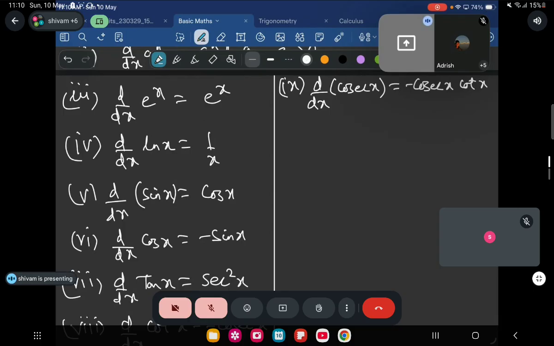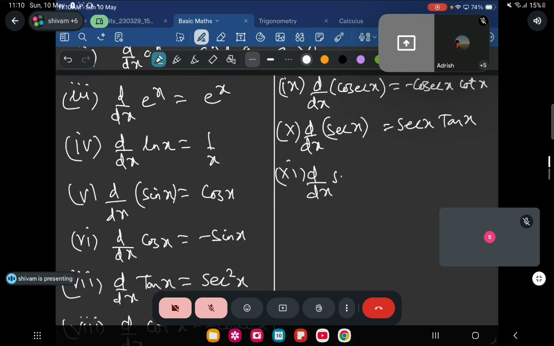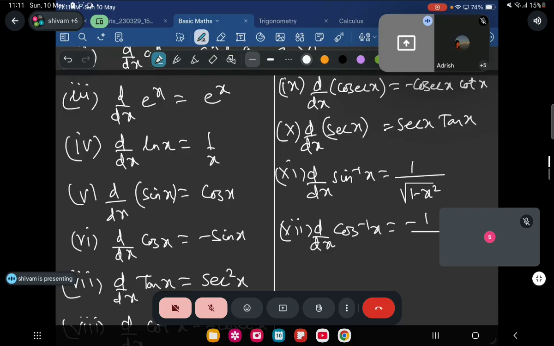Okay, dy dx of sec x will be equal to sec x tan x. Number 11, dy dx of sin inverse x will be equal to 1 by root over 1 minus x square. Number 12, dy dx of cos inverse x will be equal to minus 1 by root over 1 minus x square.